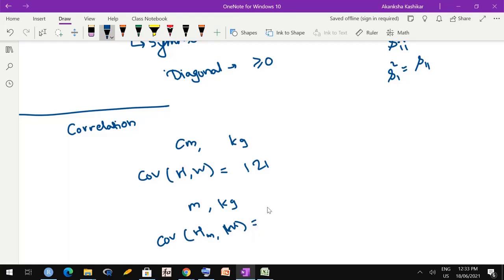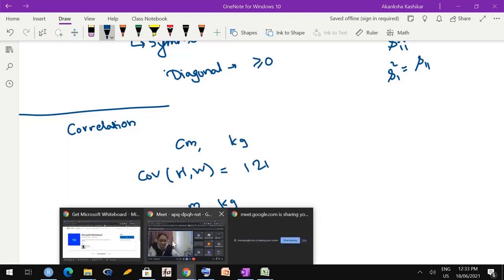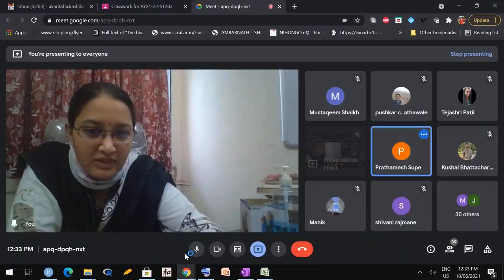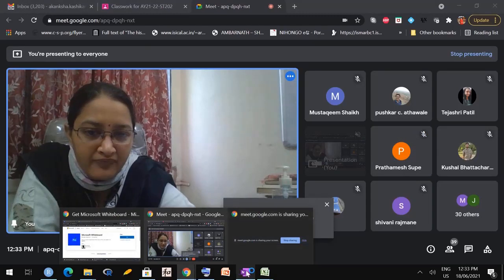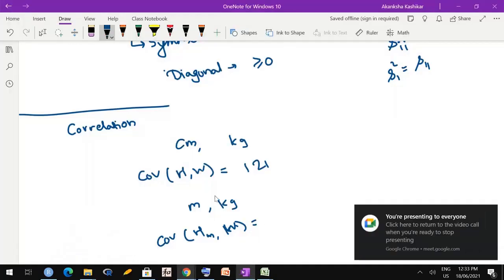What would be the effect of change of scale on covariance? You learnt it in BSc. Directly proportional, it would reduce. Okay.